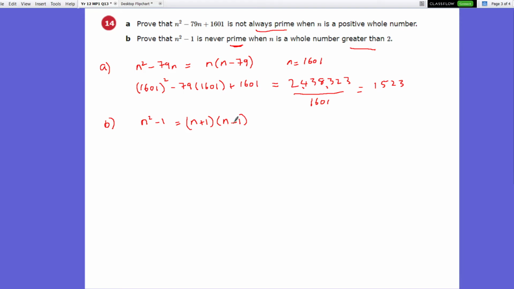So we've got two numbers multiplied together. This is a factor and this is a factor, so other than 1, we have a factor which is n plus 1, and a factor which is n minus 1.